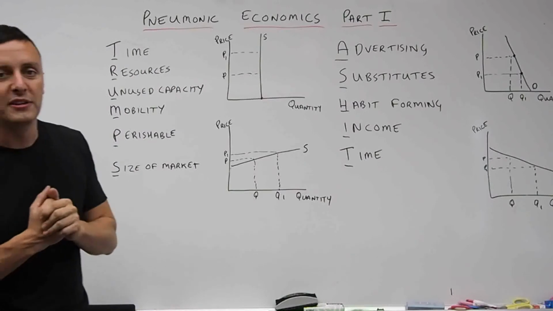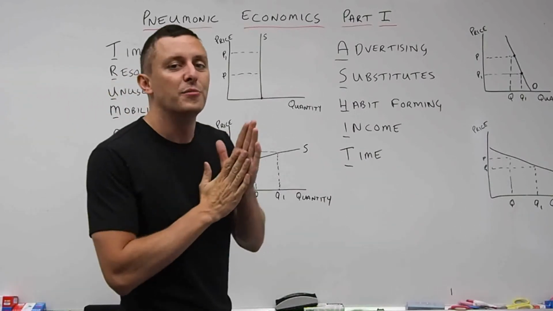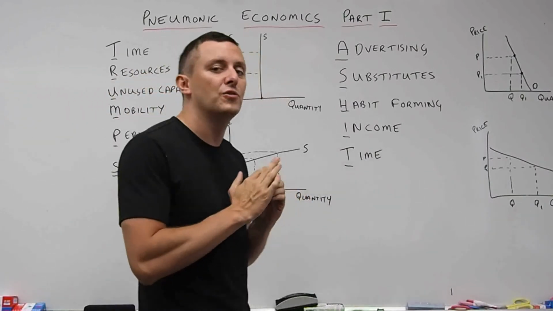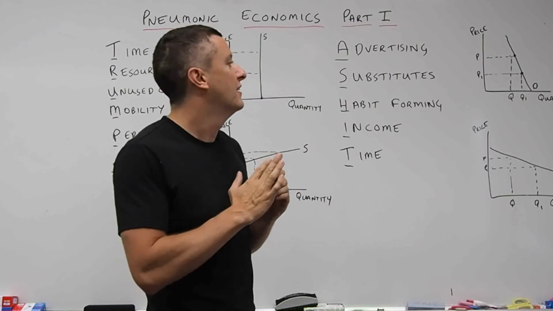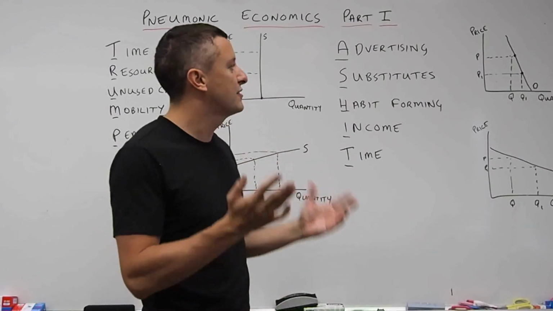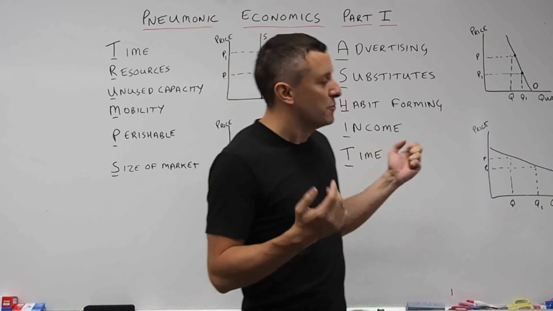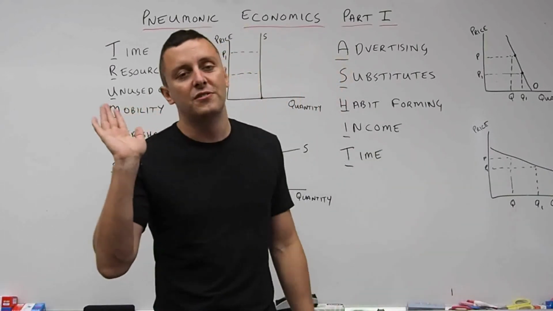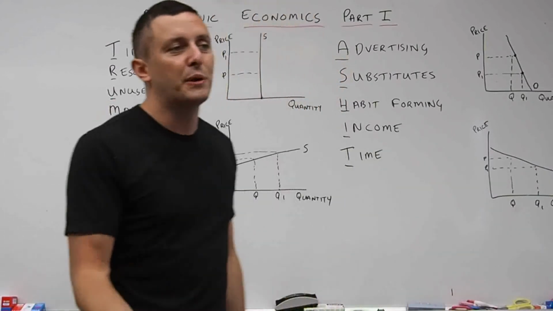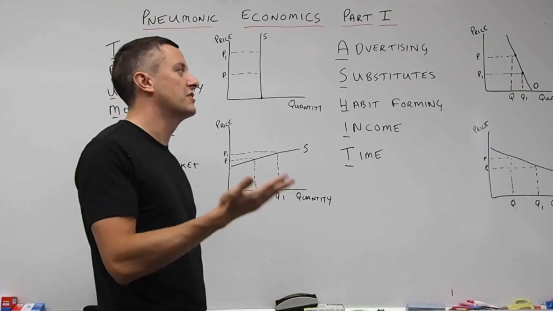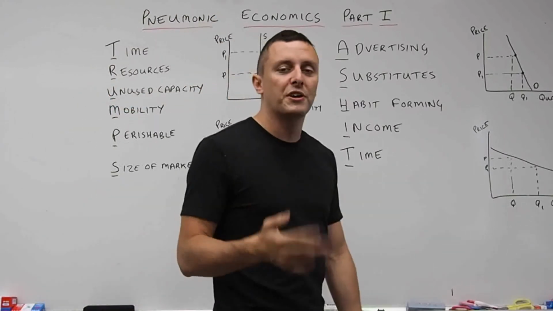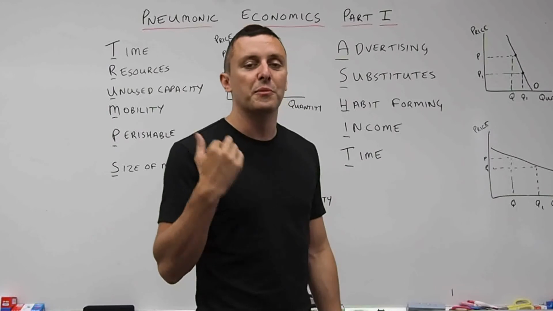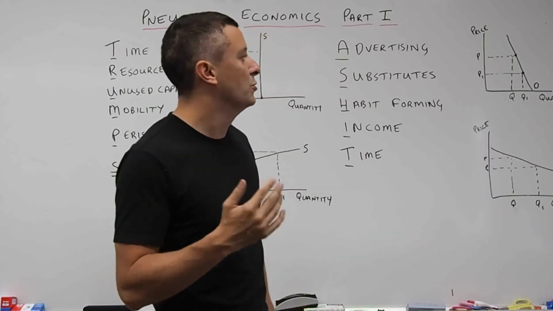Okay, now habit forming is an interesting one. Can you get addicted to that product? Okay, is it elastic or inelastic? My best example of this, of course, is smoking. So for your parents' generation, certainly your grandparents' generation, smoking was inelastic because many people were addicted to tobacco.